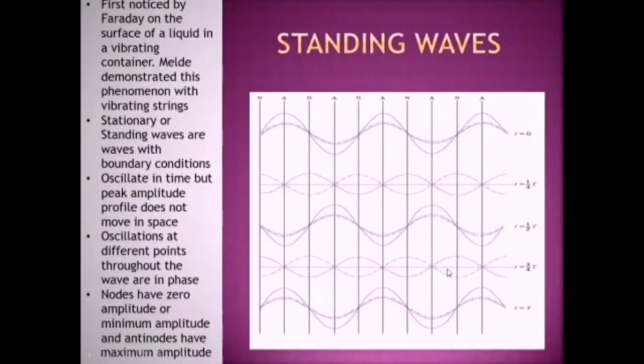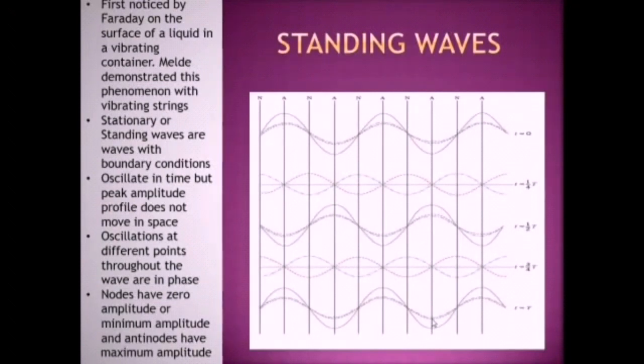Case number 4, when t is equal to 3T by 4, waves are out of phase again and destructive interference takes place. And the last case is again when t is equal to capital T, again in phase, so constructive interference takes place.